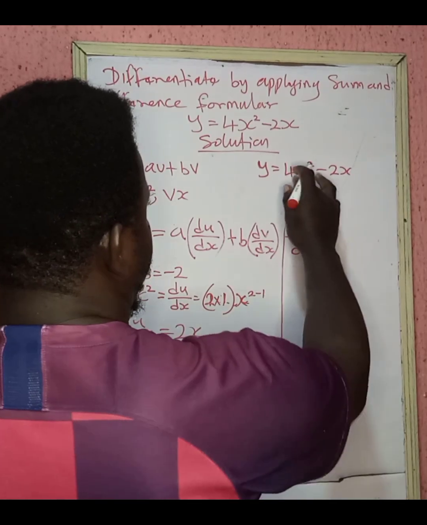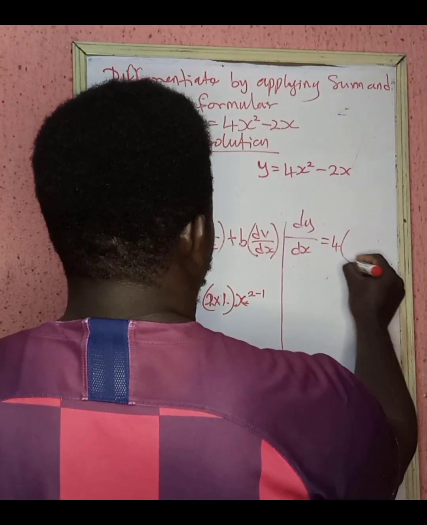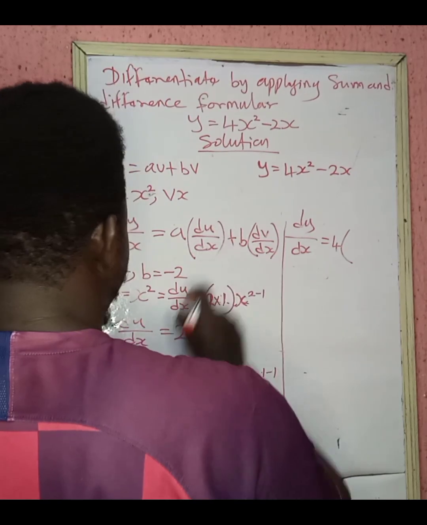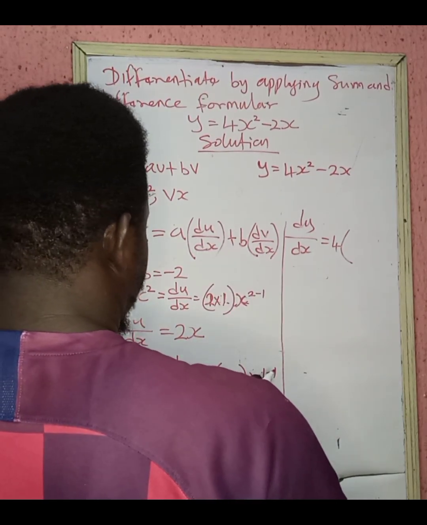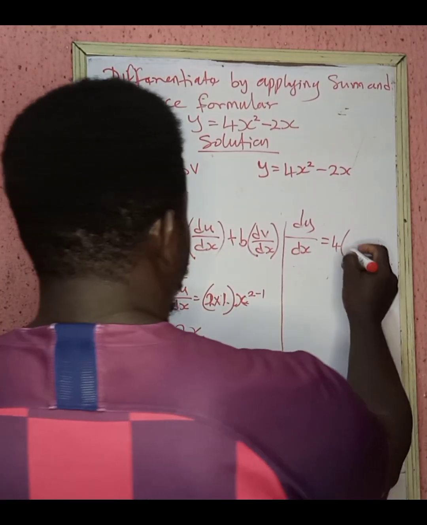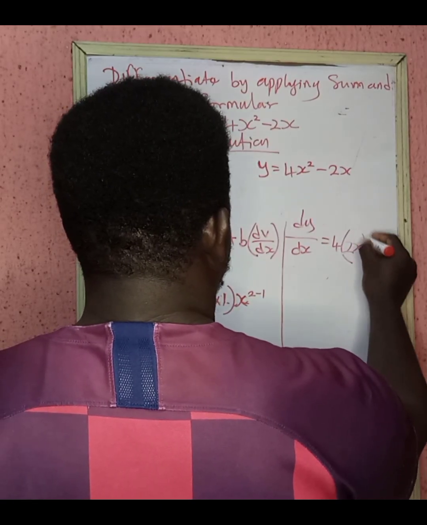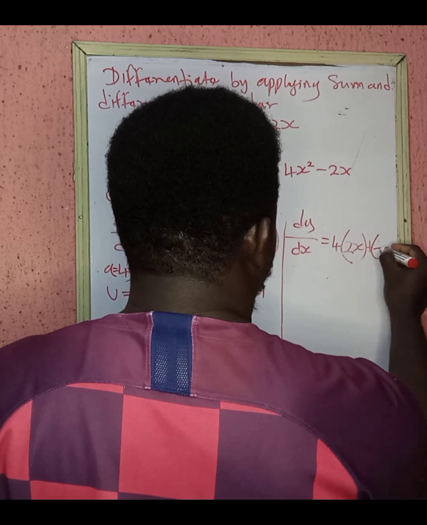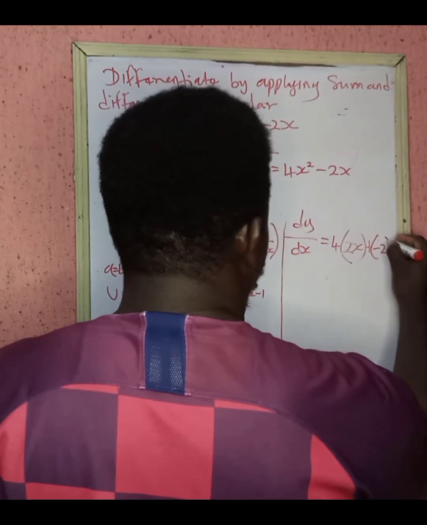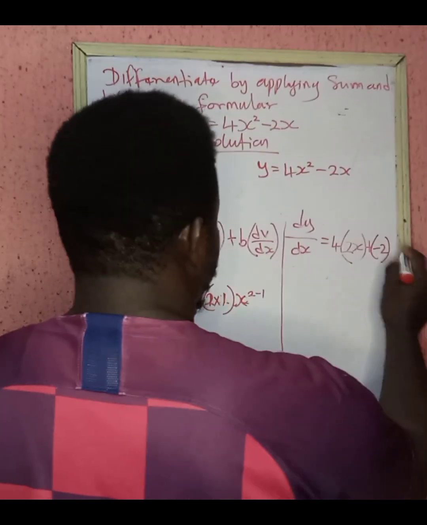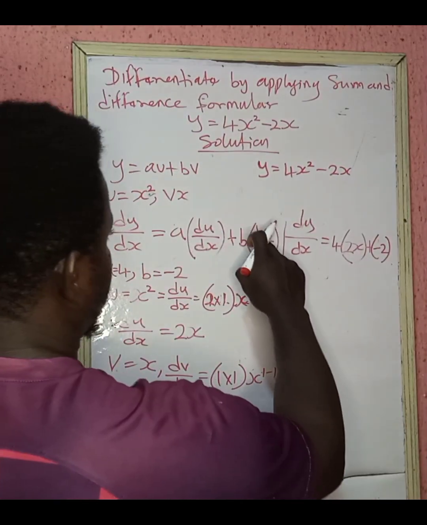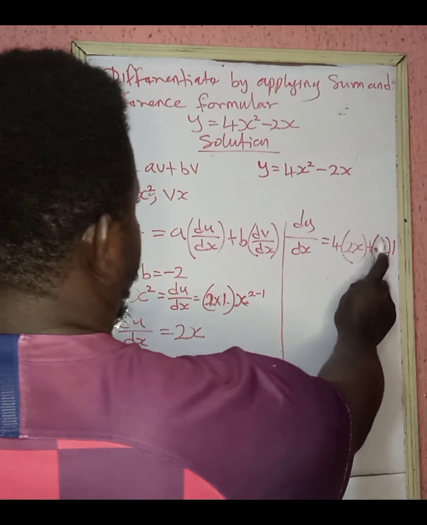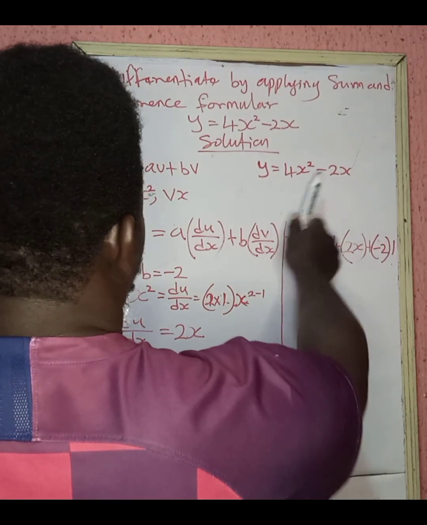Our a is 4 in brackets. Our du over dx is 2x, plus minus 2, which is our b.